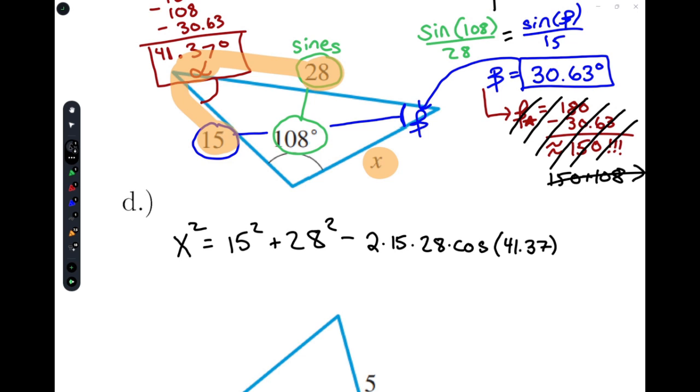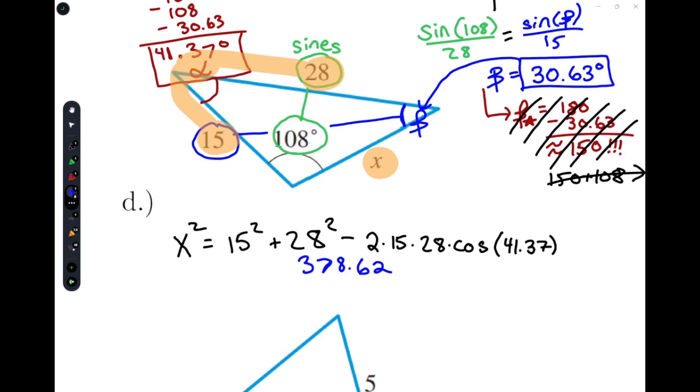So that's a lot of typing. Don't mess that one up. 15 times 15 plus 28 times 28 minus 2 times 15 times 28 times cosine of 41.37, close parenthesis, enter. And I got, for the whole right side, 378.62.